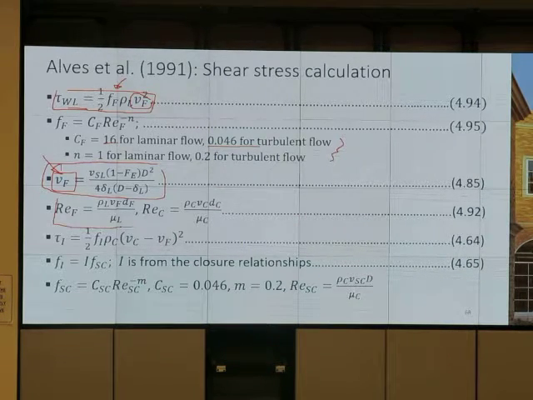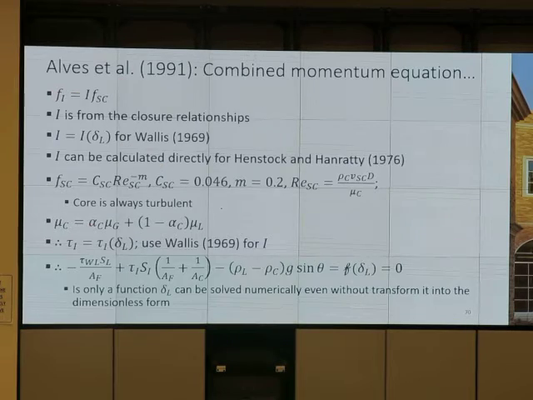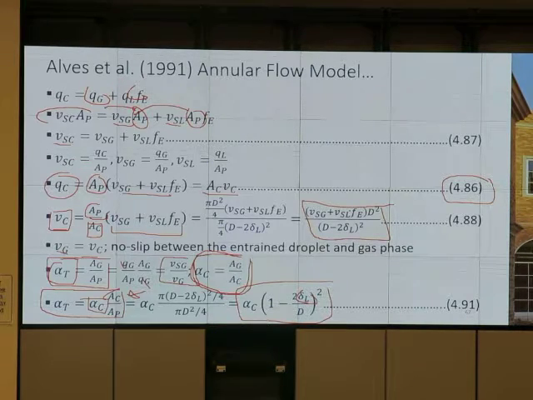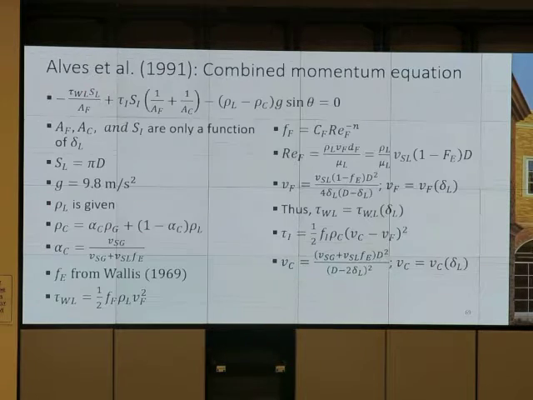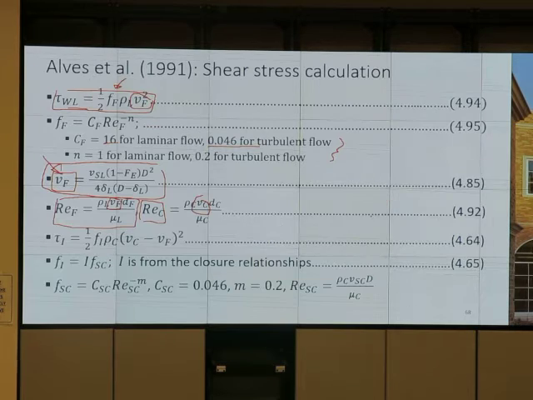Reynolds number sub F is also a function of thickness. Reynolds number of the core part, actual Reynolds number, not superficial Reynolds number, is dependent on the core velocity. The expression for the core velocity is over here, and it is just a function of thickness and F sub E, of course, entrainment fraction. Oops.